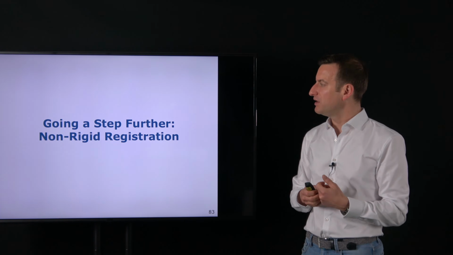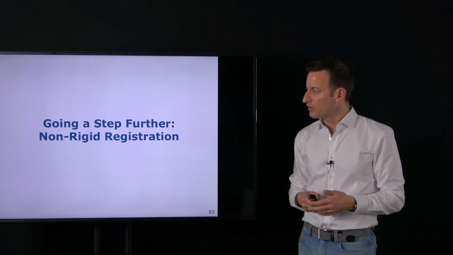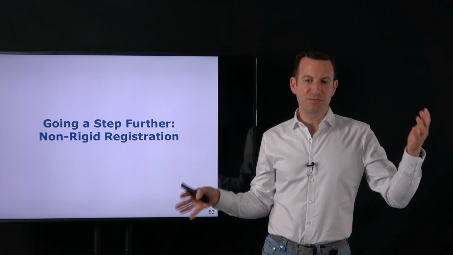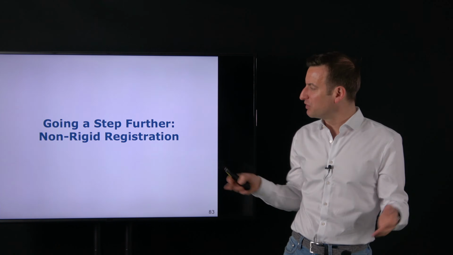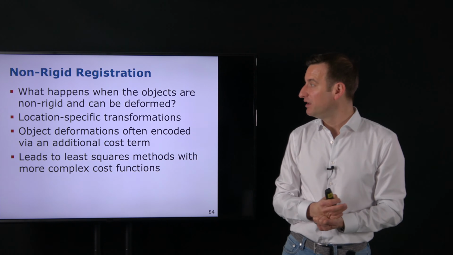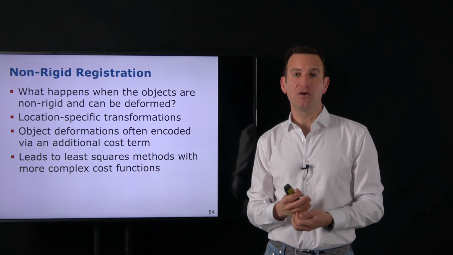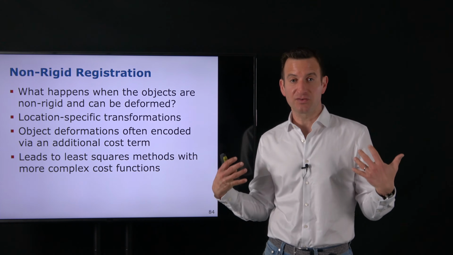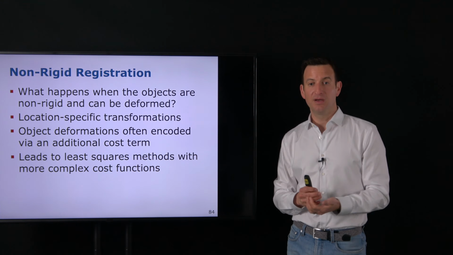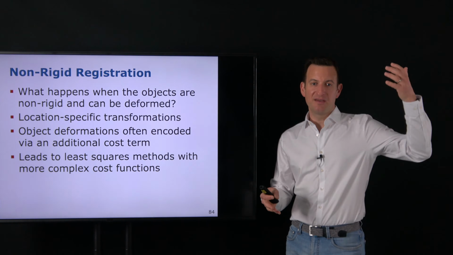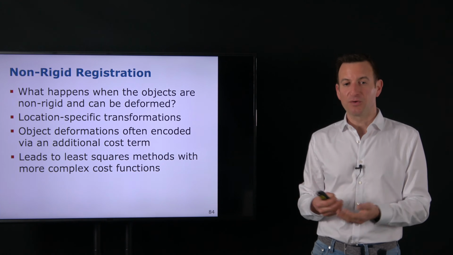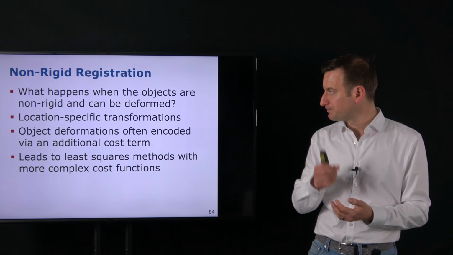Already 20 years ago, people investigated non-rigid registration of point clouds, for example, seeing which part has changed and being able to deform some aspects over here. A lot of the work has been done based on humans. So humans have a certain skeleton, a certain structure, and can we exploit the skeleton structure in order to perform a matching, knowing that my arms can only move in a certain way. And this, of course, is information that we can exploit.